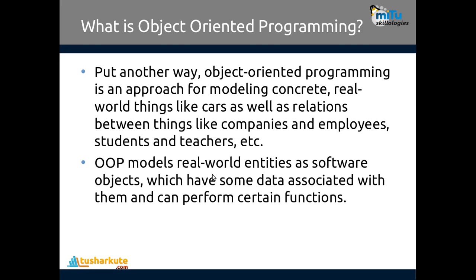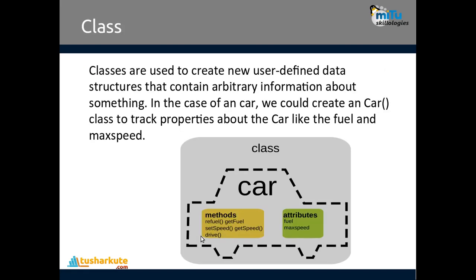Okay, OOP models real world entities as software objects which have some data associated with them and can perform functions. So data and functions, these are the two things an object has inside it. Okay, let's focus on an example of how this object is actually created. Before starting with the object, we need to understand the concept of class.